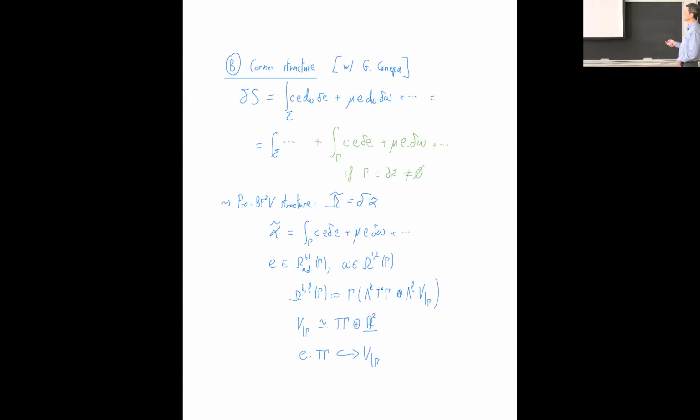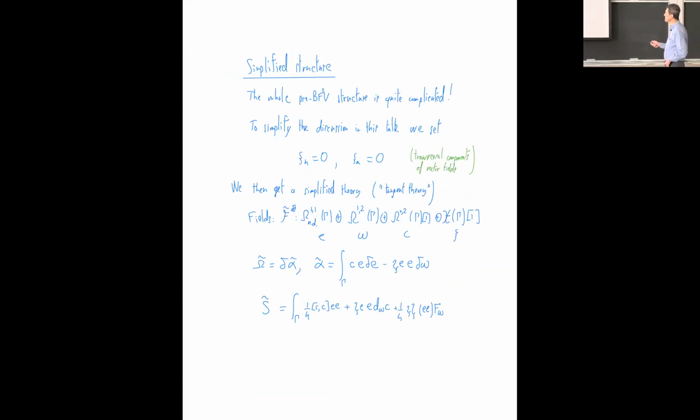In this simplified description, I just set them to 0. And it turns out that you get a very explicit construction for the symplectic structure. Basically, the only boundary fields now are the coframe E and the ghost C, the connection omega, and the tangent component of this vector field psi, with an explicit form for the function of degree 2. Out of it, you can try to get information about the associated Poisson infinity structure.